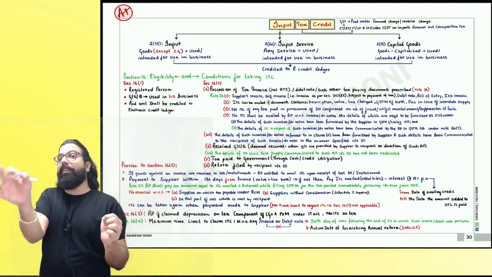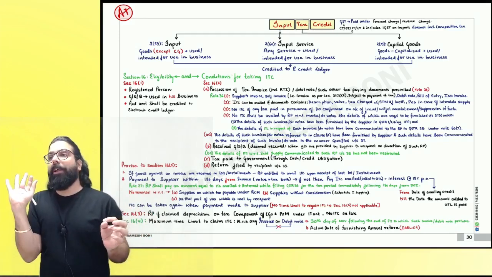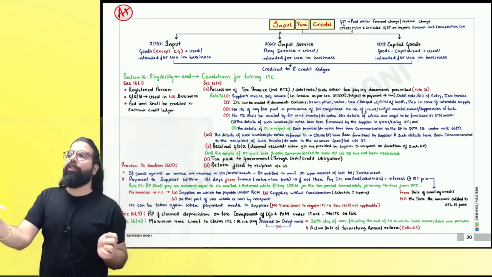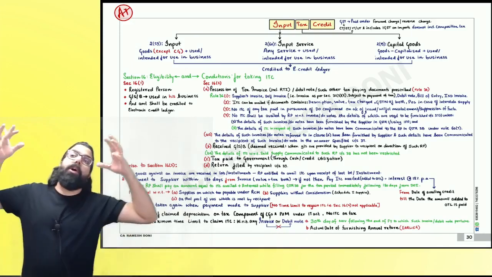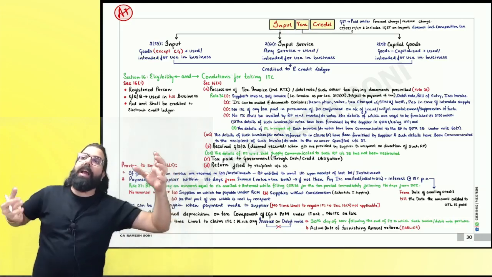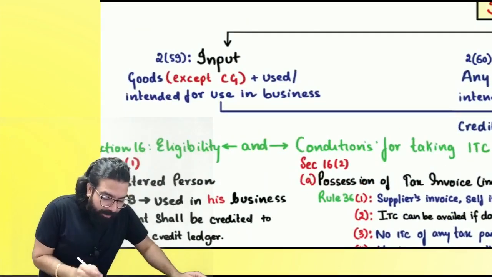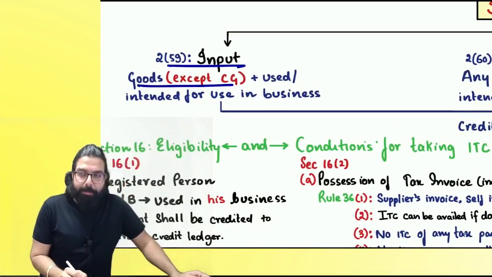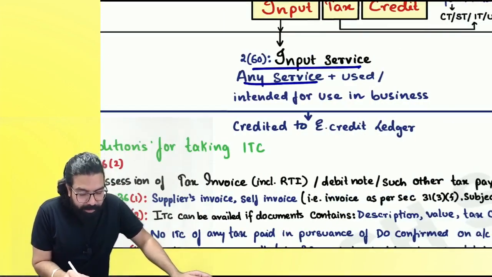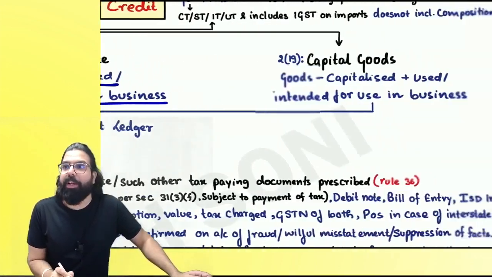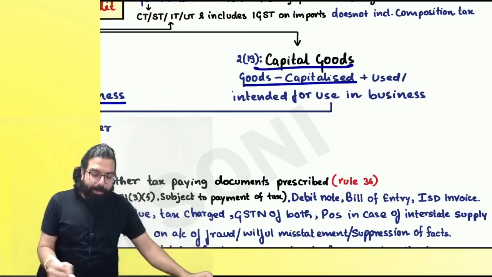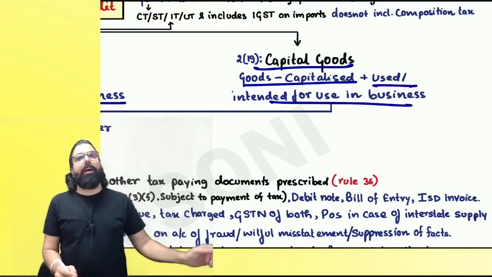Actually, input by definition means only goods other than capital goods. But when I say on a broader term, you get credit of input also, input service also, and capital goods also. So basically, input means goods other than capital goods, used or intended for use in the business. Input service means any service used or intended for use in the business. And capital goods means goods which are capitalized, used or intended for use in the business.